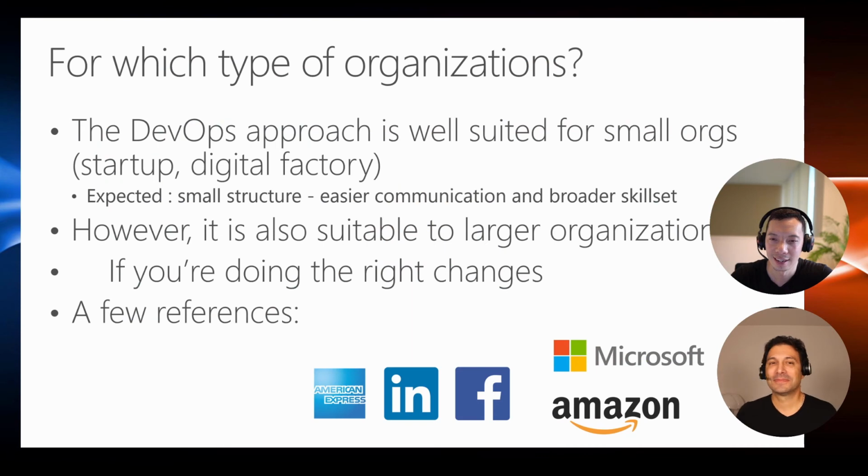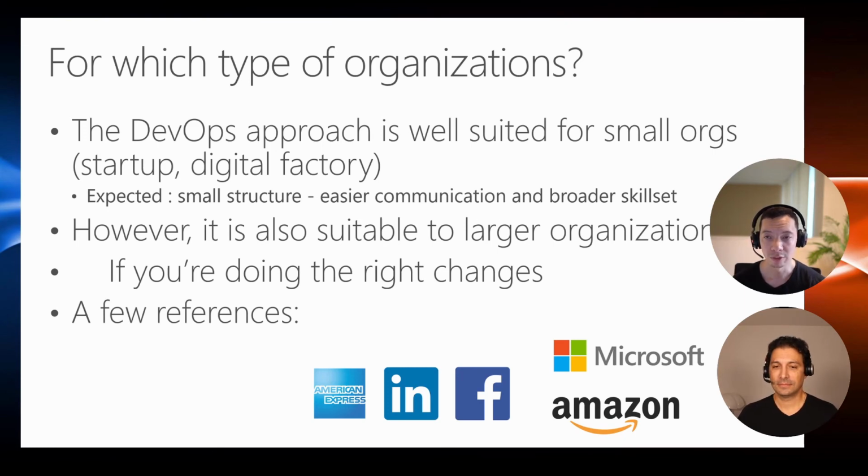All right. So for what type of organization is it made? We talked about the two-pizza-sized team. It makes sense, and it works very well for small organizations. You have startups, you have digital factories. You don't have so many people doing individual tasks. You have a small team.